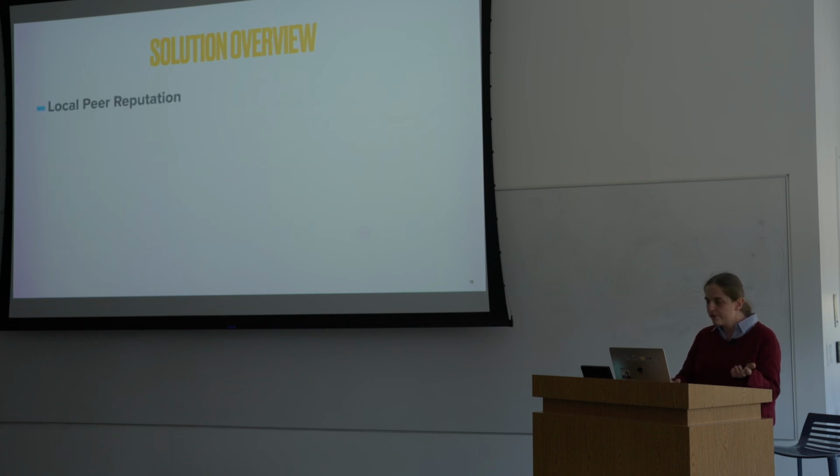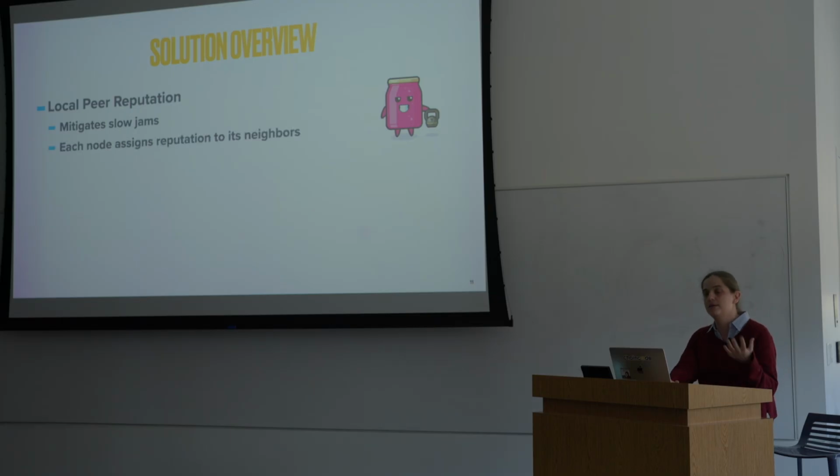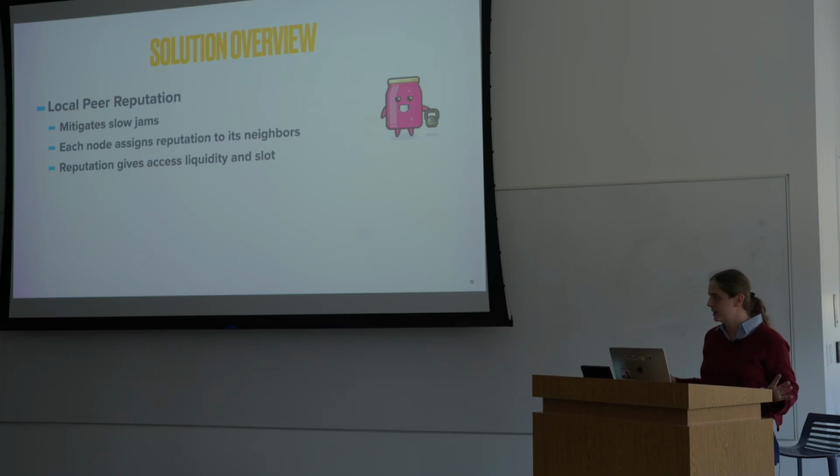Cool. So the overview: we have local peer reputation. It's aimed at the slow jam. Each node assigns reputation to its direct neighbors. This is something each node thinks about its neighbors. It doesn't tell anybody about the reputation it assigns. They just use this reputation to allocate protected liquidity and slots that will be used only for neighbors that they can trust.